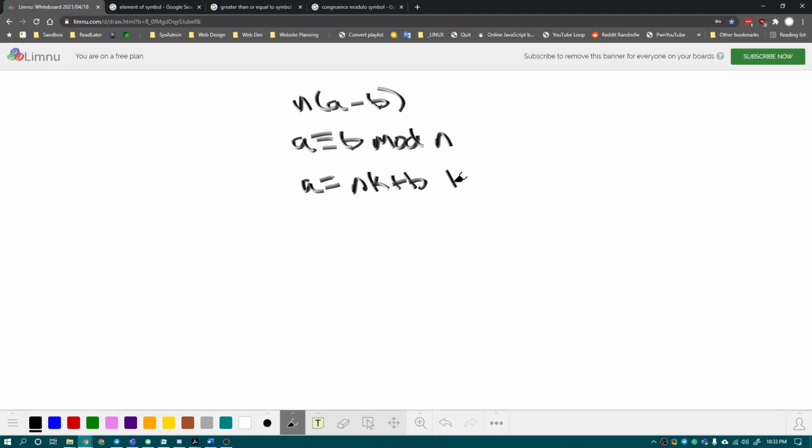So we start with n divides a minus b. A is congruent to b mod n. A is equal to nk plus b, where k is an integer.